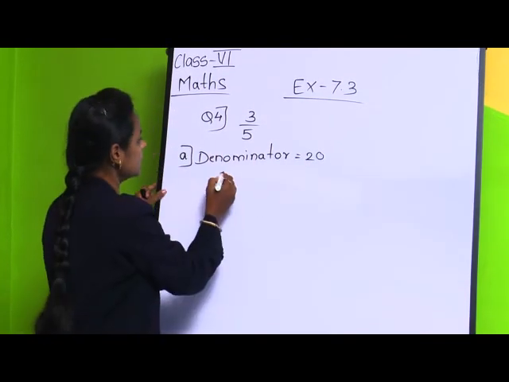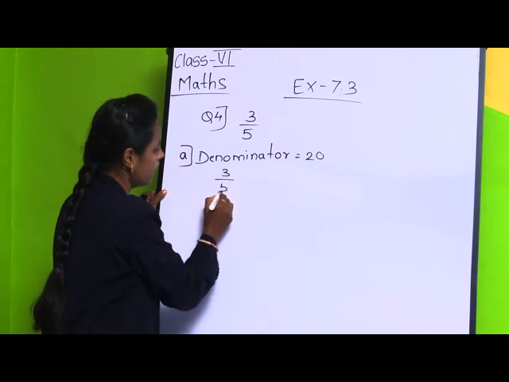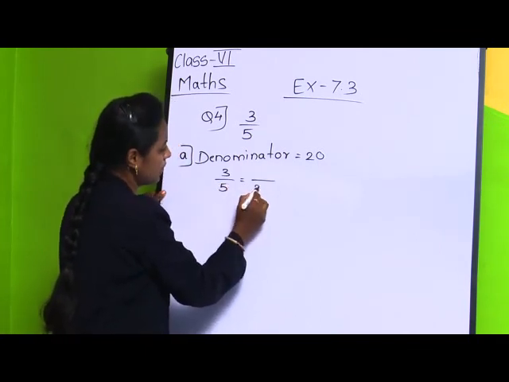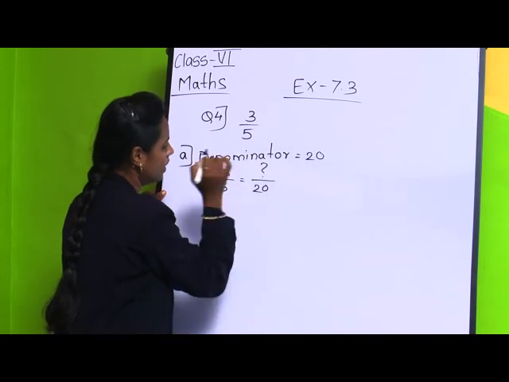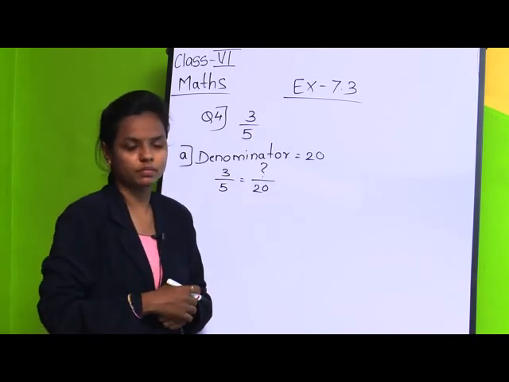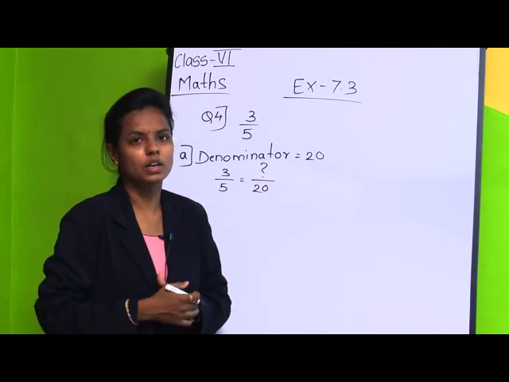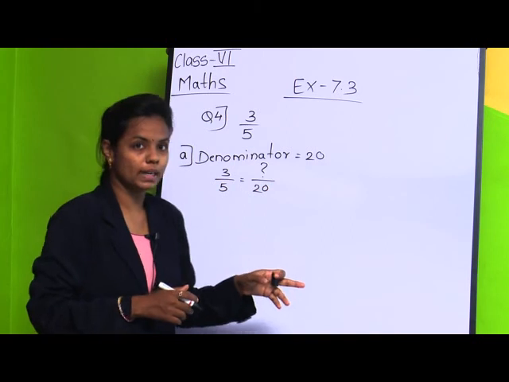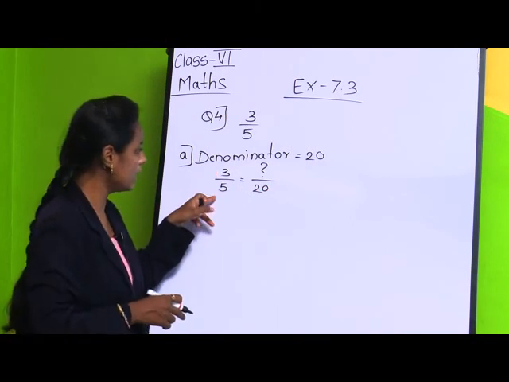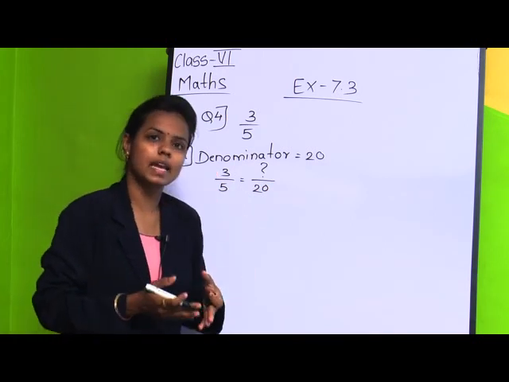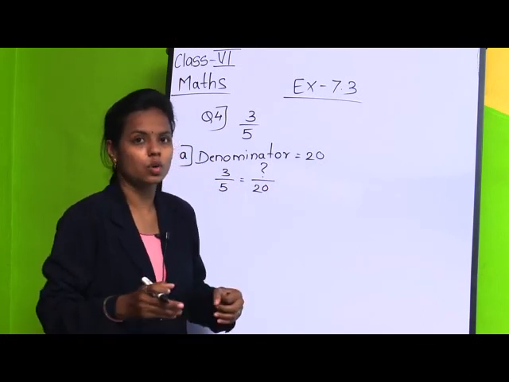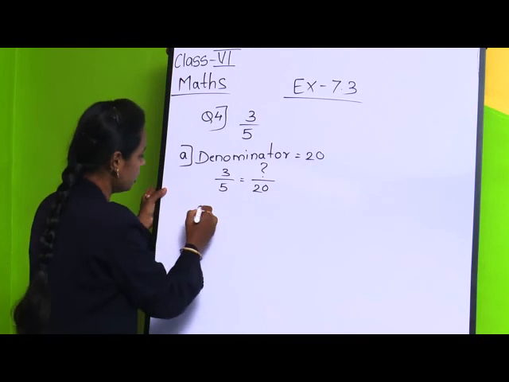It means 3 by 5 is equal to something over 20, and we need to find the numerator. Now, to find this we need to multiply the numerator and denominator by the same number, or else we can even divide. So, let us do it by multiplication.